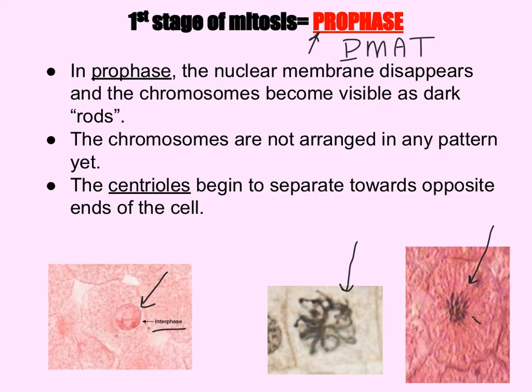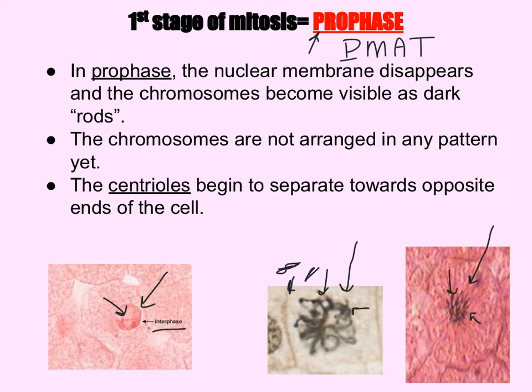We no longer see the nuclear membrane around those chromosomes. Now we can clearly see these dark little worm-like structures in there. Those are the chromosomes of that plant cell. Same thing with this animal cell over here. It no longer looks like a clear pink color, like over there in interphase.